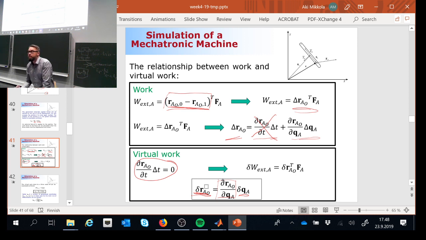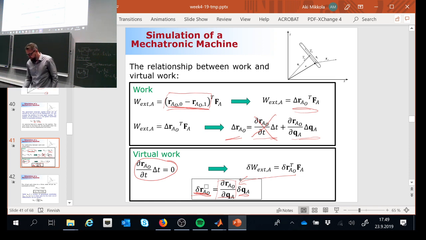This is the mapping matrix that we desperately need in order to change the point of view and convert the force from the global coordinate system to be expressed by using generalized coordinates. So this guy here is a mapping matrix. It is a matrix because R is a vector of 2 components and Q is a vector of 3 components, so it gives me a matrix with 2 rows and 3 columns. And that's exactly what does the mapping I'm looking for.